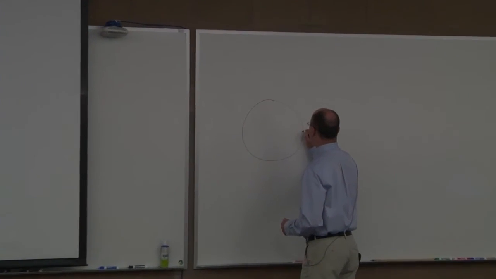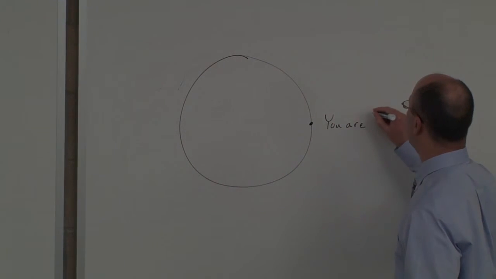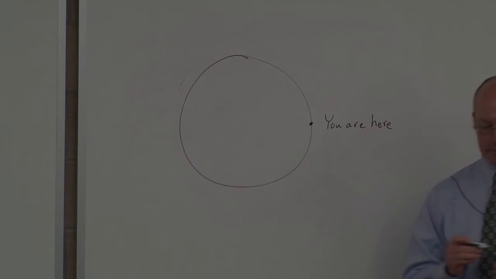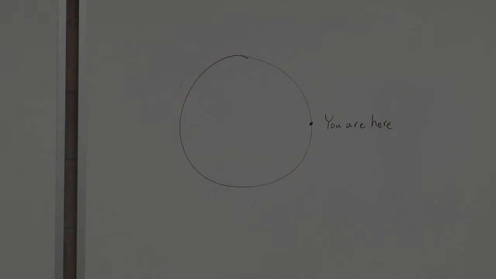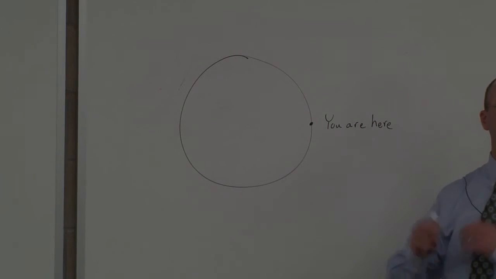We're going to highlight a point and just say you are here. Considering this in the context of what we were saying before, if you are here, you might want to map the local structure to figure out what's around you.